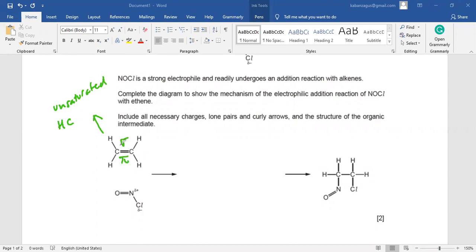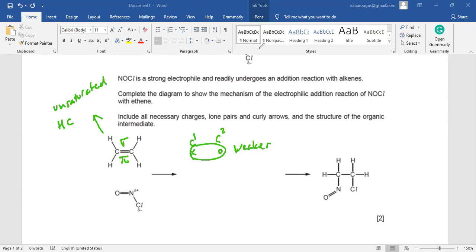The reason we have one sigma and one pi is that each carbon has an unused electron. The electron of carbon number 1 and the electron of carbon number 2 overlap, and they create a new bond which is weaker than the sigma bond.